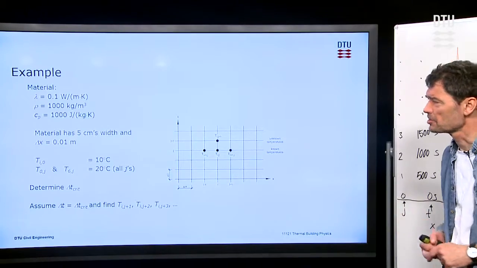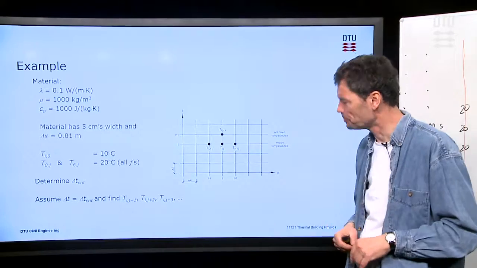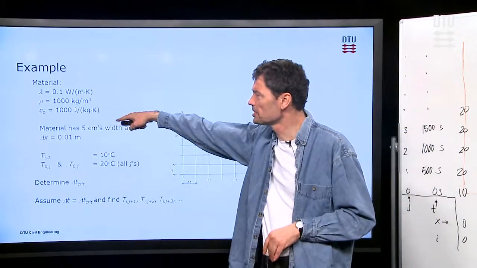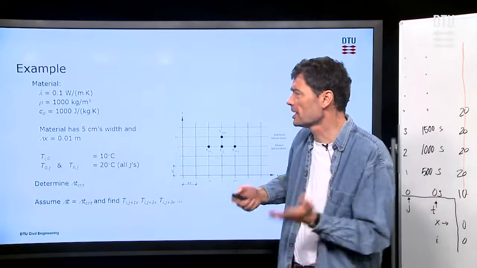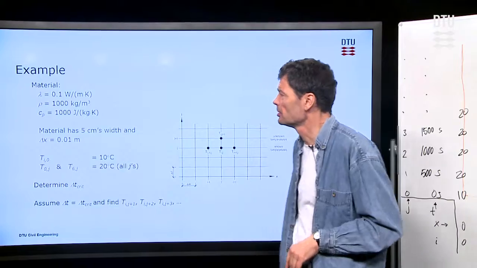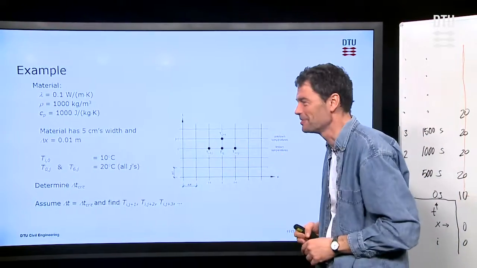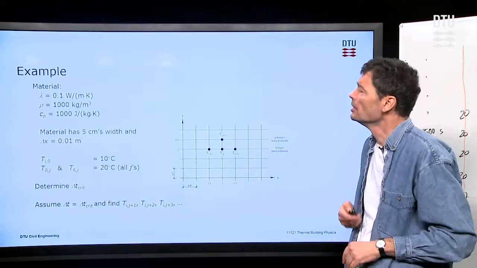Now the example I'm going to show, yes, it is a wall. I reuse a little bit the figure from before. A wall with these properties here, thermal conductivity, density, and specific heat, such that I can calculate the thermal diffusivity. The whole wall is 5 centimeters wide, and I use a discretization of 1 centimeter.